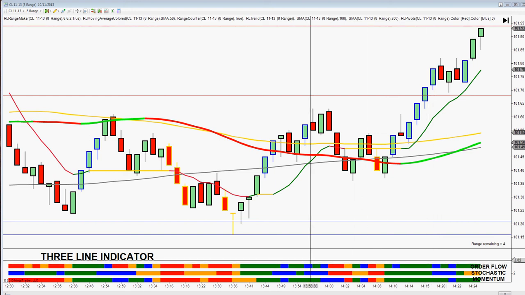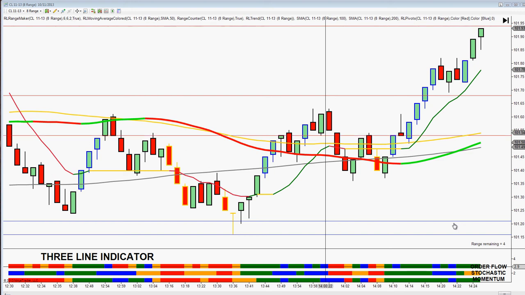Now, what makes the three-line indicator also so powerful is the fact that this indicator assimilates data from multiple time frames. Now, there's always the age-old argument of whether or not you need to trade multiple time frames and multiple charts. And obviously, if it was easy to look at multiple higher time frames, it would be advantageous to do so.